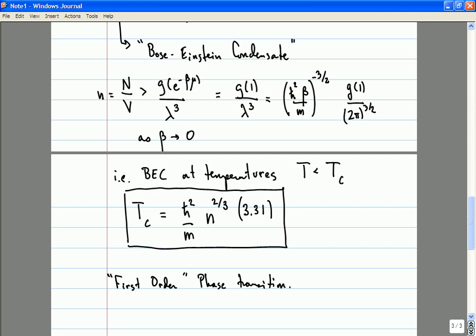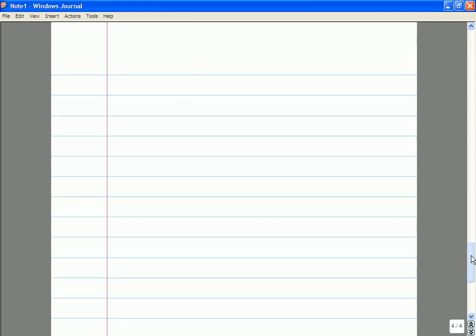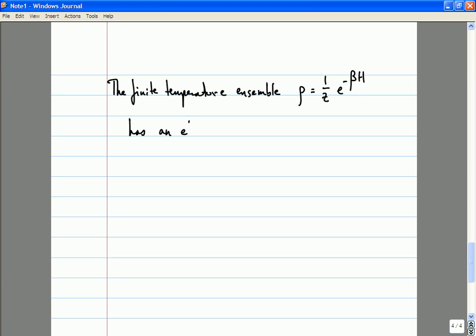Other questions? Okay. So now I want to move quite a distance from the nitty-gritty description of specific condensed matter systems to the statement that the finite temperature ensemble, namely the Boltzmann or canonical ensemble, where the density operator is 1 over the partition function times e to the minus beta H, has an elegant and actually rather surprising and, at first sight, mysterious path integral interpretation.